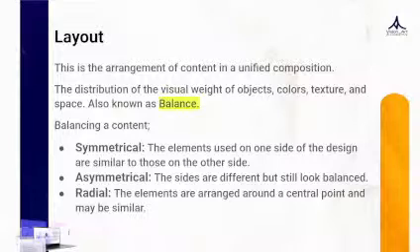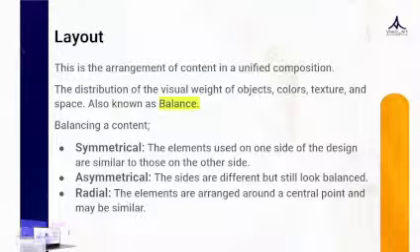Now, balancing content, we have three types of it. We have the symmetrical, we have asymmetrical, and we have radial. For symmetrical balancing, the elements used on one side of the design are similar to those on the other side.